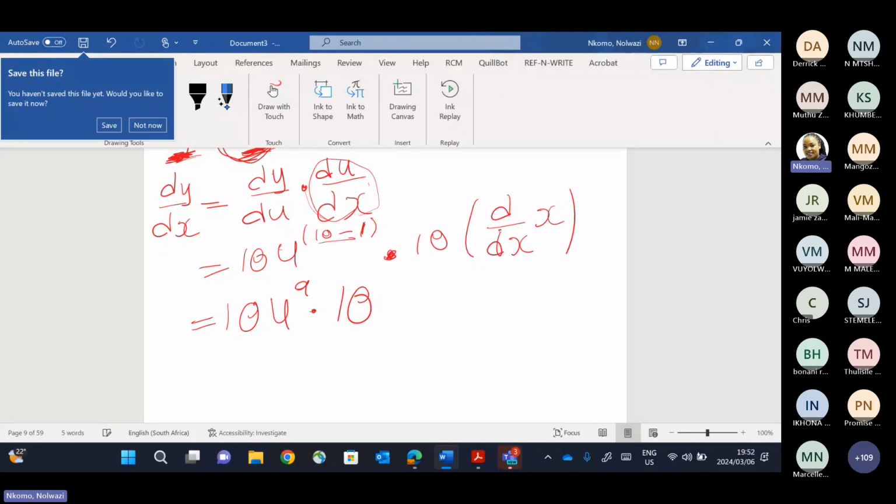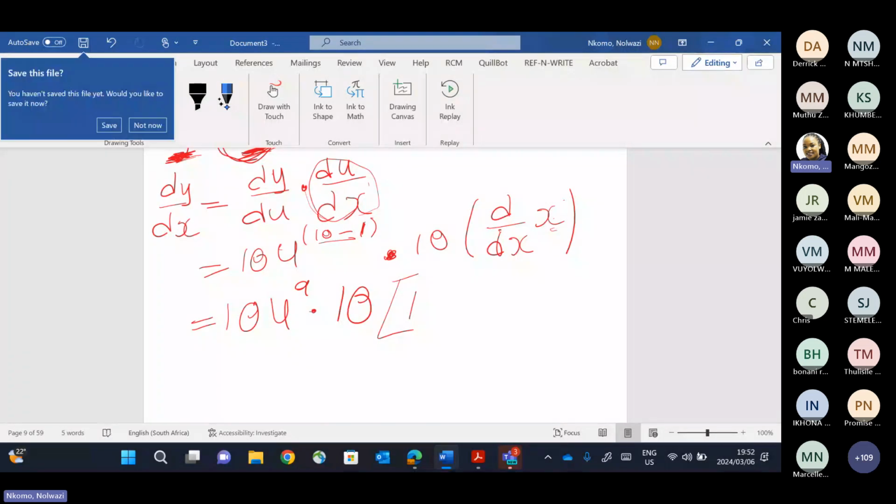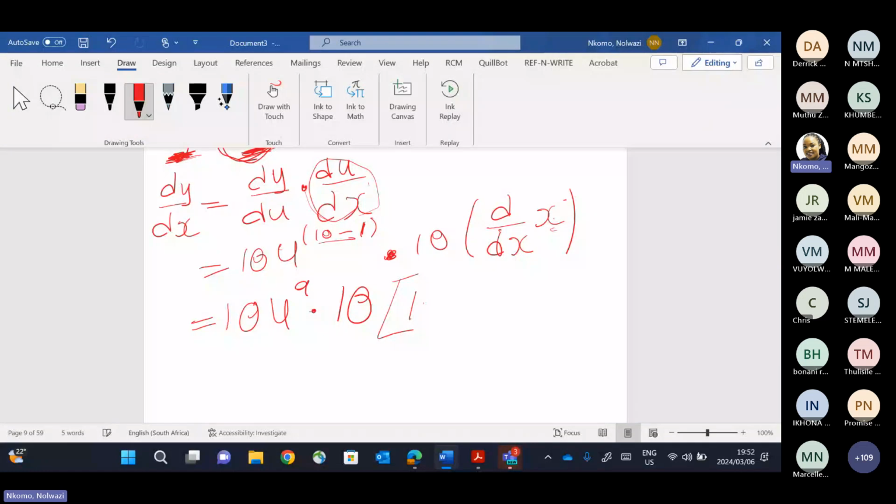The derivative of x, we use rule 2, right? So we take n, our n is 1 here since we have only x. So we have 1 times x to the power 1 minus 1, right? And this is 0. x to the power 0 is equal to 1.